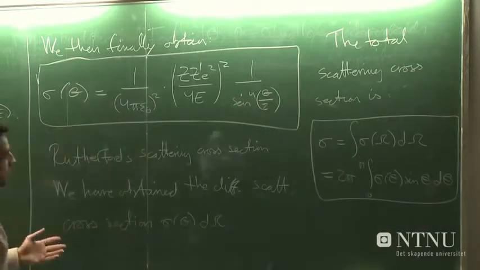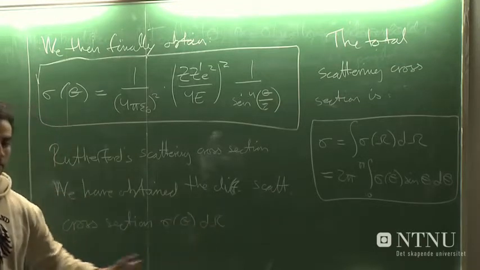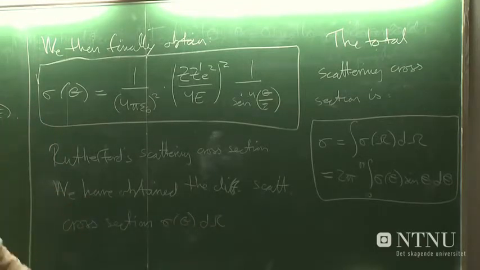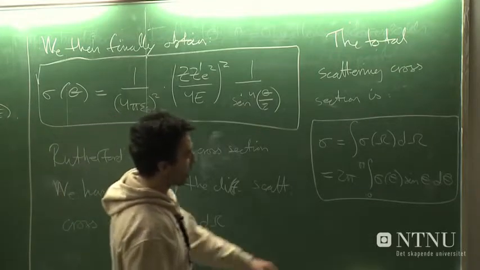It's the integral over the differential scattering cross-section over all orbital angles, d omega.